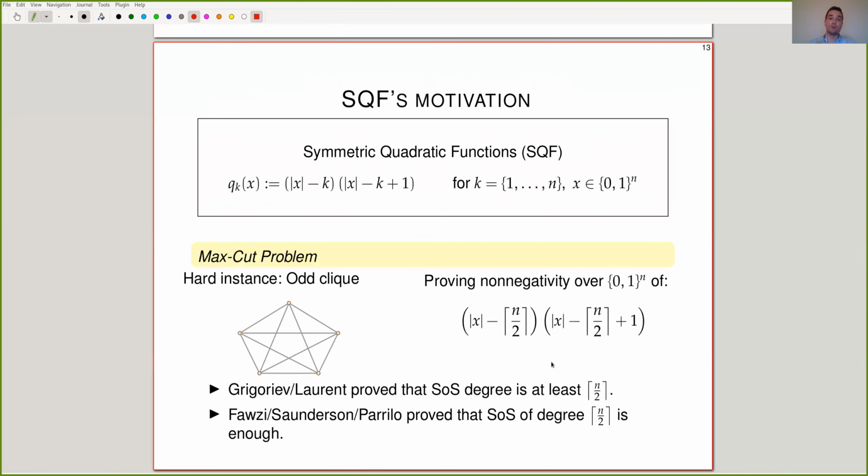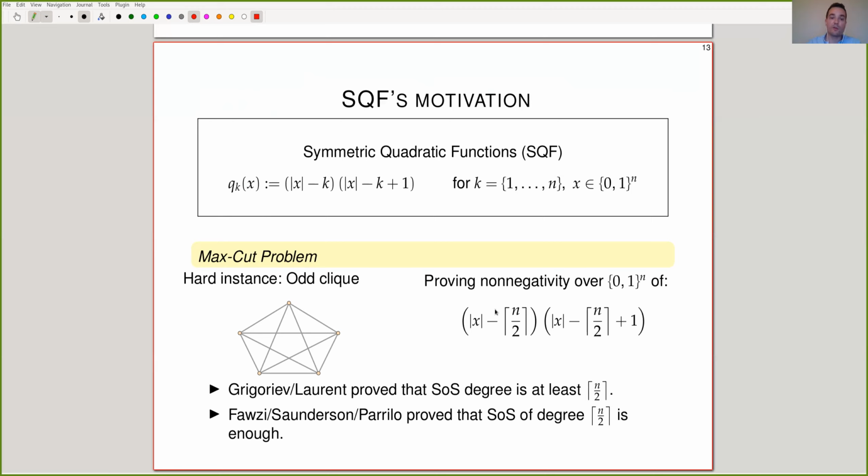Good. So now let's motivate this symmetric quadratic function a bit: why would we like to find the sum of squares certificate of non-negativity for exactly this function? The first motivation is the max cut problem. When we consider the hardest instance of the max cut problem for the sum of squares hierarchy, it is exactly given by one of these polynomials qk of that form.